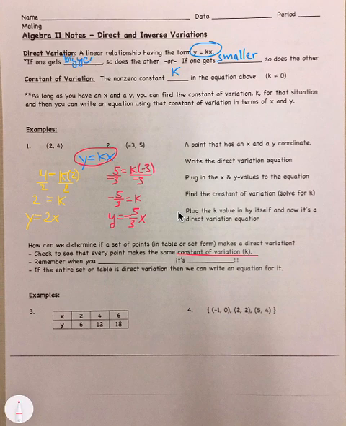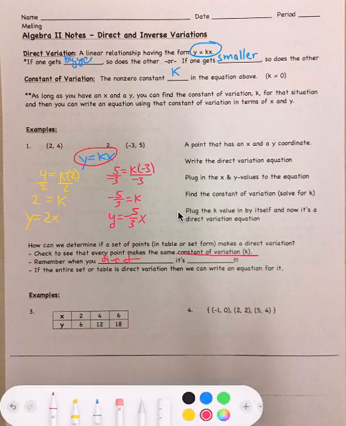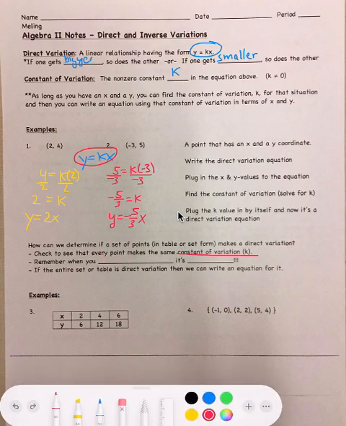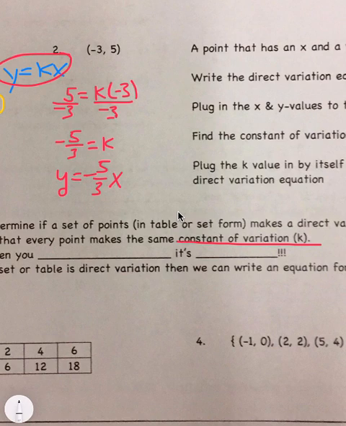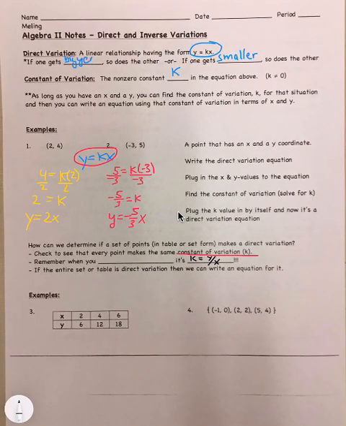Remember, when you are finding direct variation, for direct variation, it's k equals y over x. Just know it's k equals y over x.